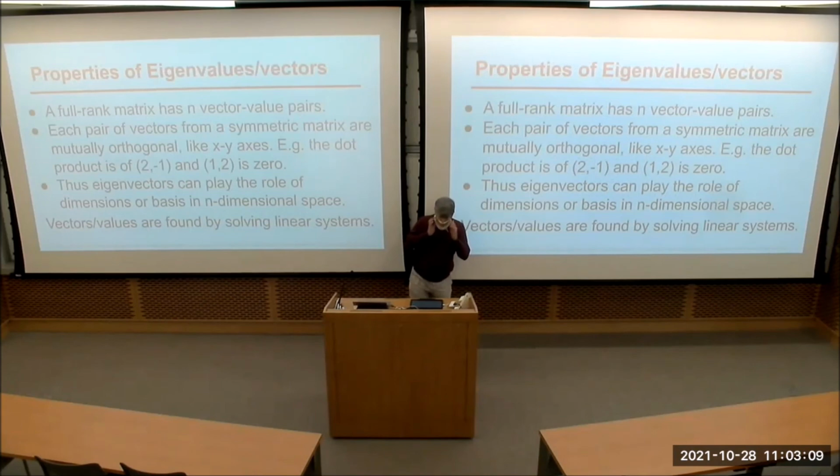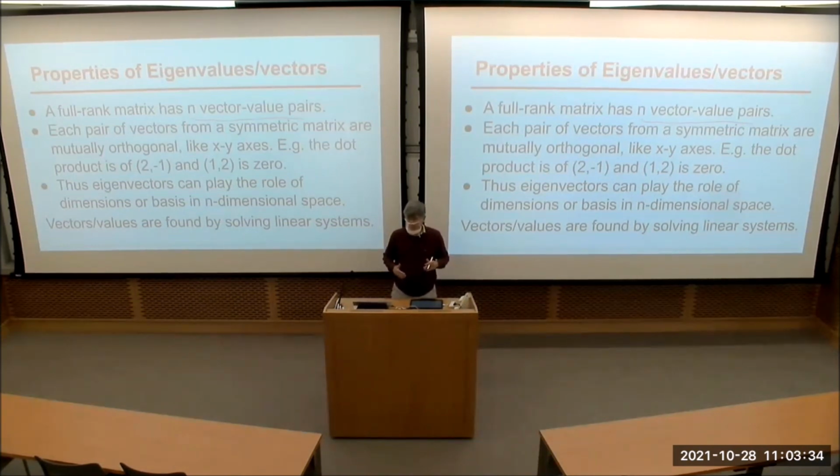What were useful things about eigenvalue, eigenvector pairs? If you had a full rank n by n matrix, you had n pairs of them. Now, if you looked at the vectors, what did we remember when we took the dot product of vectors?